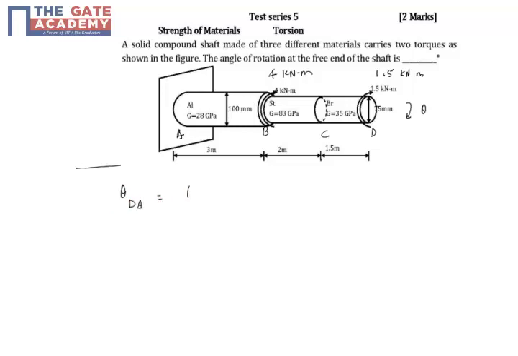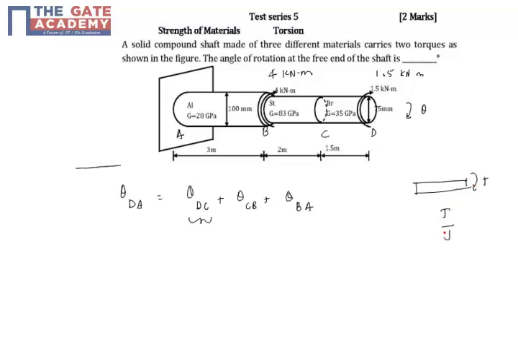So that is nothing but D with respect to C plus C with respect to B plus B with respect to A. Now if you have a single shaft and a torque T, what is theta?